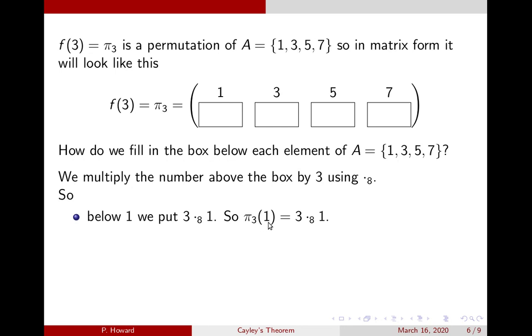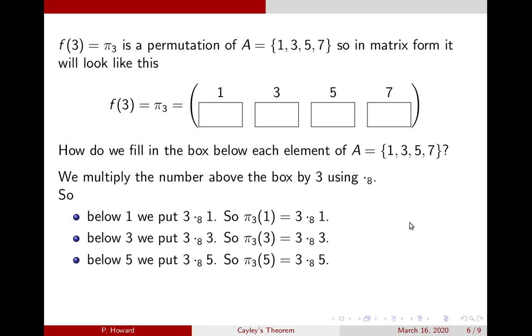Pi sub 3 of 1 we get by multiplying 1 by 3 using times sub 8. Pi sub 3 of 3 is what you get when you multiply 3 by 3 using times sub 8, and so on. Pi sub 3 of 5 is the result of multiplying 3 by 5, and pi sub 3 of 7 we get by multiplying 3 by 7.